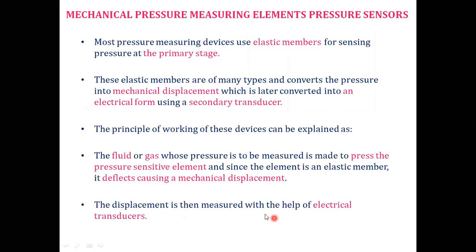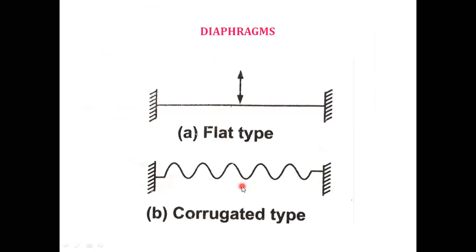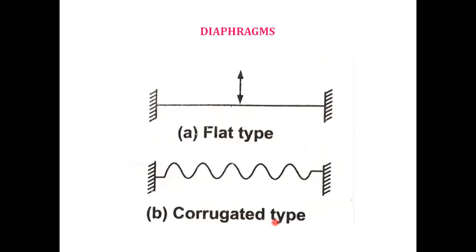Next we have seen the different types of mechanical pressure instruments, that is the diaphragm as well as the capsule. This is the flat type diaphragm, like a flat plate structure. Whereas this is the corrugated type of diaphragm. The corrugated type is used for high pressure measurement, whereas the flat type is used for medium or low pressure measurement.